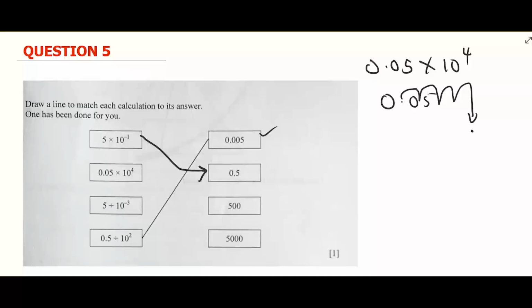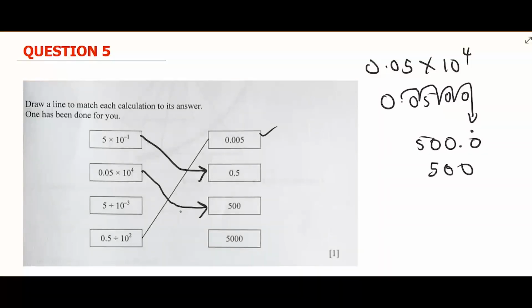Now the decimal point is here, and we need to fill the empty spaces with zeros. So we are going to have 0, 0, 5, 0, 0, then the point, then a 0 here. You can see that the first 2 zeros are useless, so you can delete them. That means you have 500.0, which is the same thing as 500. So the second one is the same thing as this.